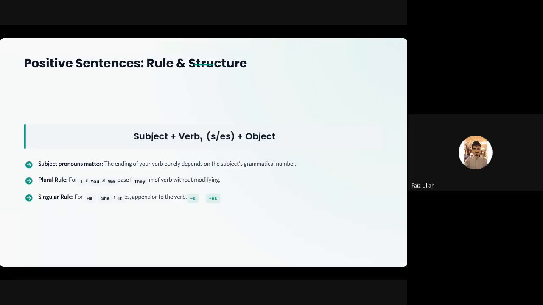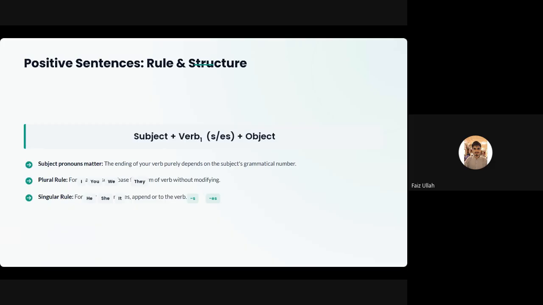Ali goes to school, Ali goes to the gym. Ali exercises on a daily basis. Ali uses, or he uses a cell phone a lot. Or for example, she studies a lot. So these are the things you need to keep in mind. This is the structure for positive sentences.